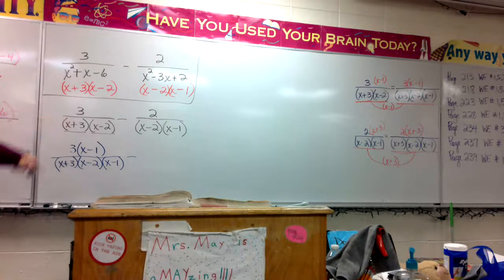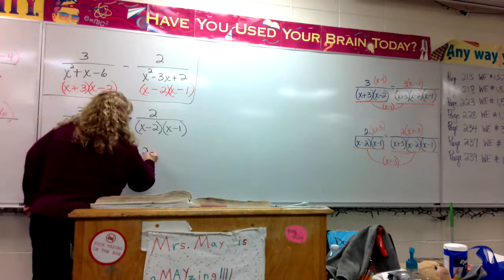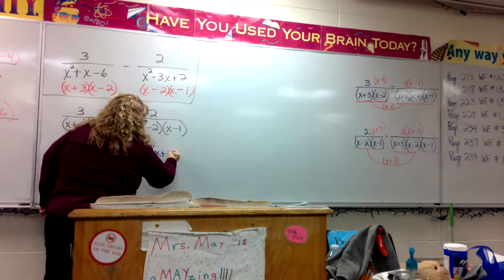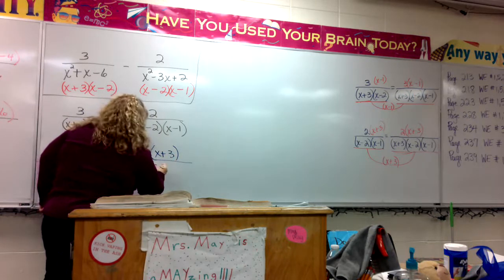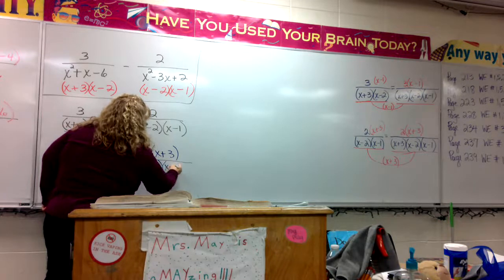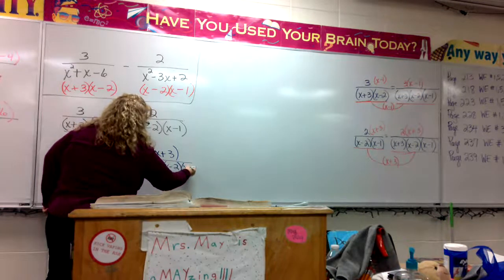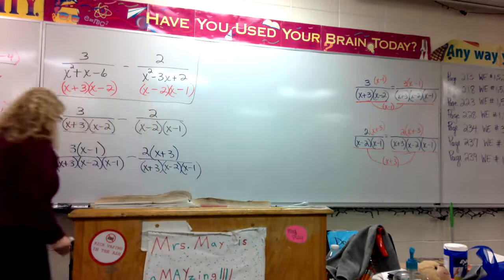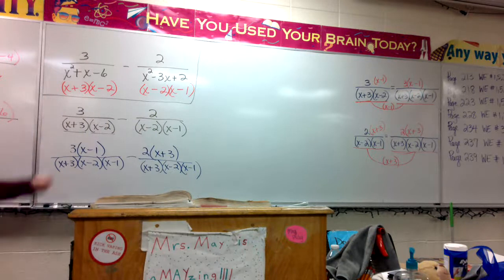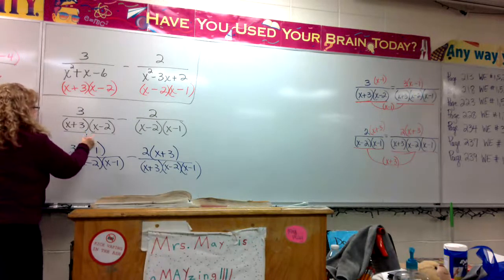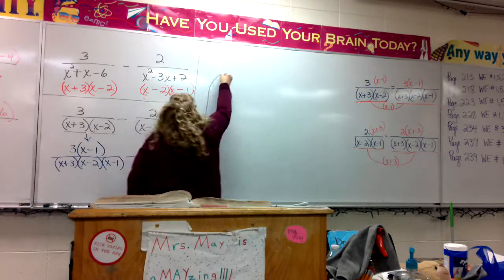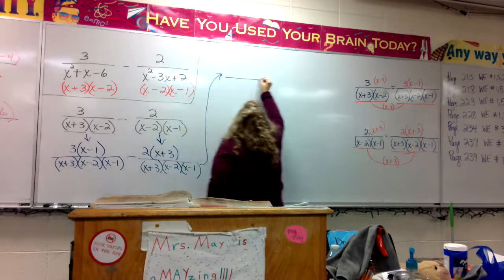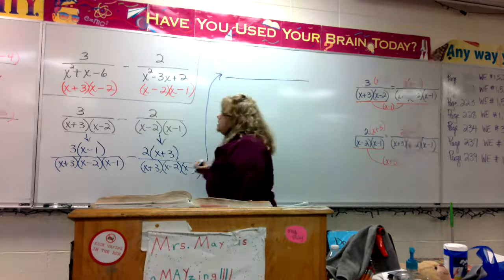The second one down, 2 times an x plus 3. X plus 3, x minus 2, x minus 1. Right so far? All I did was take this and replace it with the equivalent, this and replace it with the equivalent. Now, next thing, I'm going to write it all over my common denominator.